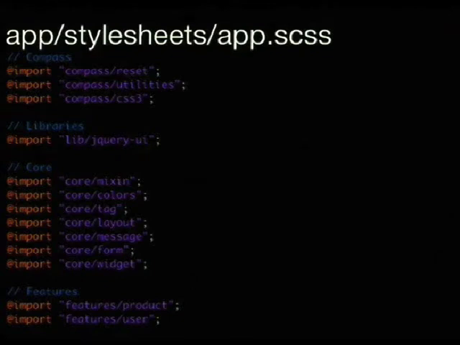The whole idea is, with the core stuff, make your own little mini framework for how you want to style all the stuff that's part of your site, and then just override that occasionally when you need specific layouts for different controllers or actions.